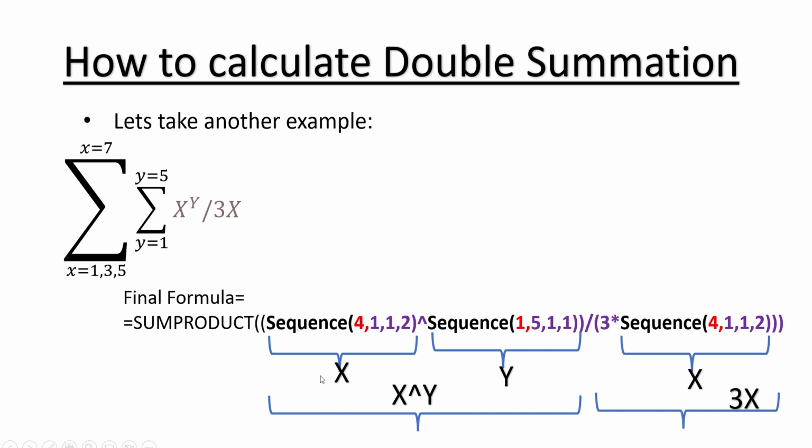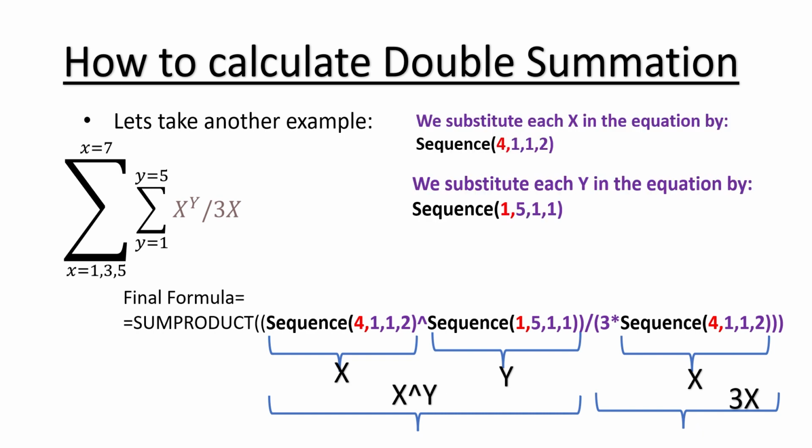This is x here, power y on 3 by x. We substitute each x in the equation by sequence 4, comma 1, 1, 2, and we substitute each y in the equation by sequence 1 5 1 1.